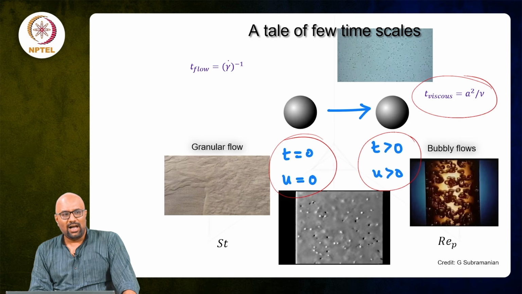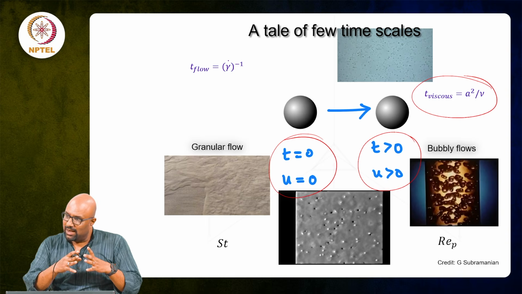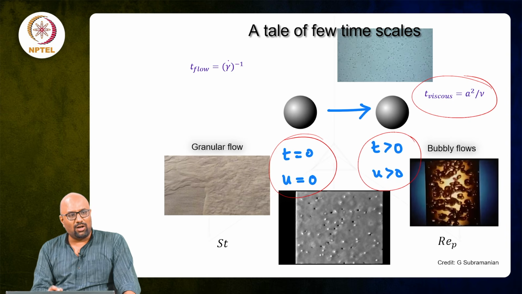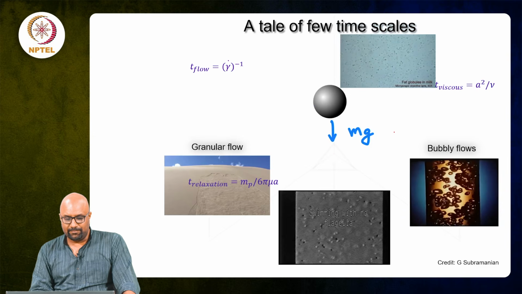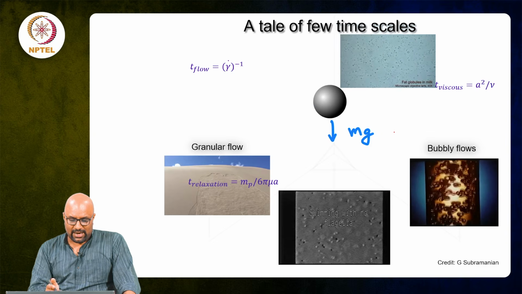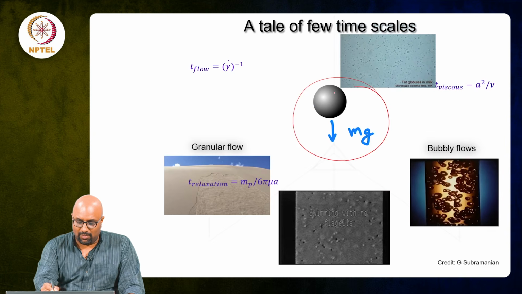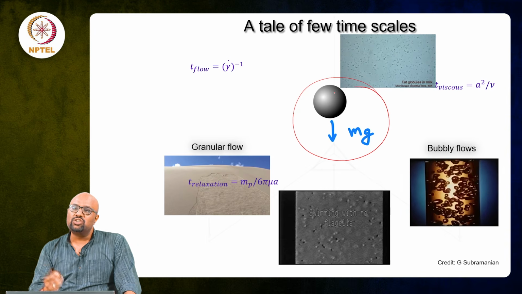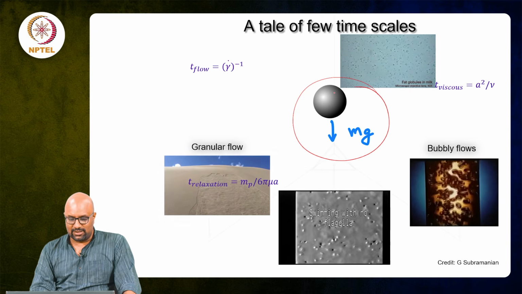This basically accounts for the fact that there is a length scale over which you will have a steady Stokes description, and beyond that you get the unsteady description. Now, this again applies to the terminal velocity problem, where you can ask the same question: how long would it take for the particle to achieve a terminal velocity?